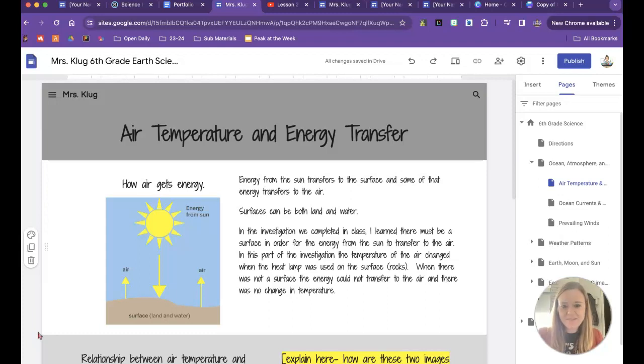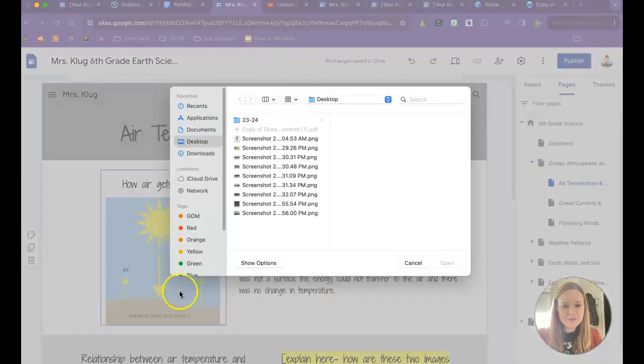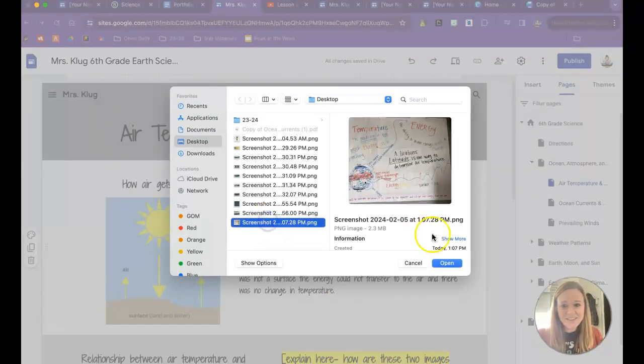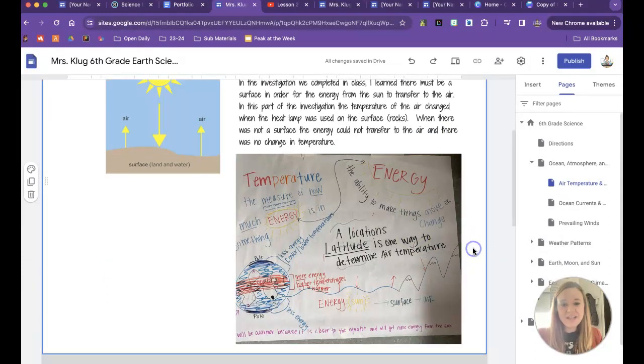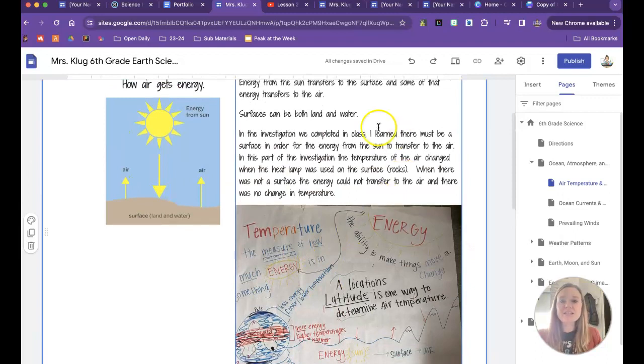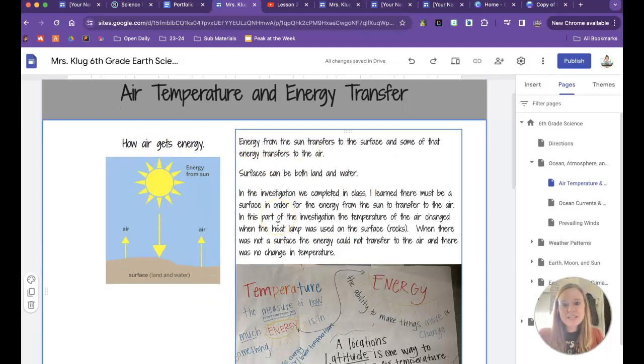So let's go ahead and find that now. Upload. And okay, there's my poster, so I'm going to include that here. And now I have this cool poster that I made in class, as well as my understanding of this statement here, and I have completed my first section.